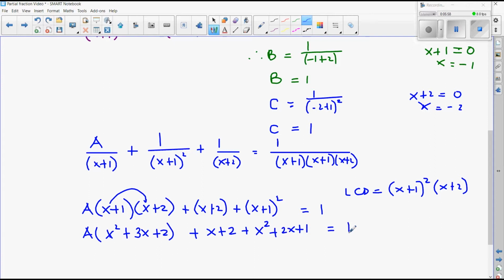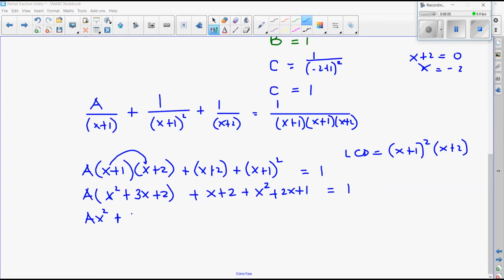So I remove my brackets here, so I have ax squared plus 3ax plus 2a. Are there terms that I can add here? Yes, I have x squared, and 2x added to x gives me 3x, plus 3 equals 1.